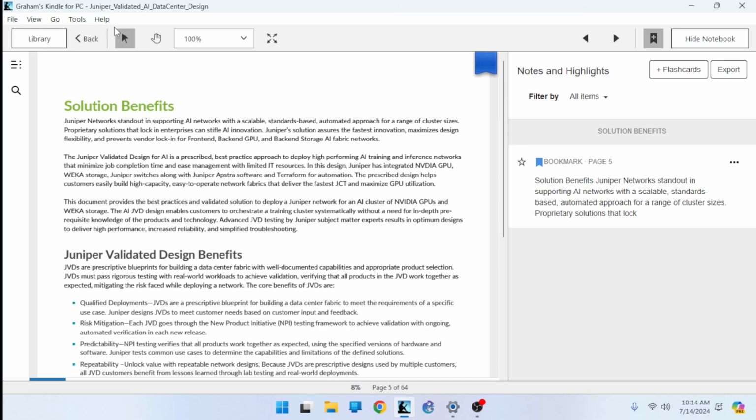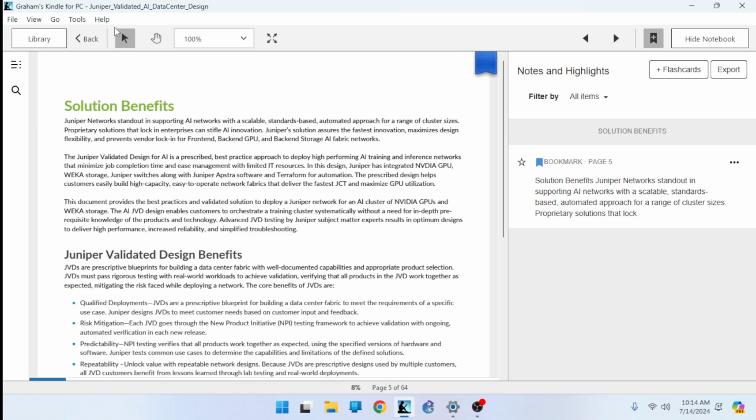The Juniper validated design for AI is a prescribed best practice approach to deploy high-performing AI training and inference networks that minimize job completion time and ease management with limited AI resources. In this design, Juniper has integrated NVIDIA GPU, Weka storage, Juniper switches, along with the Juniper Apstra software and Terraform for automation.